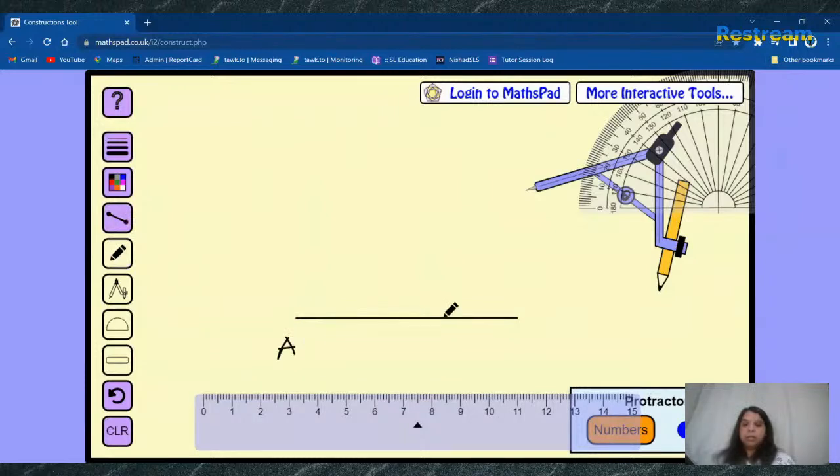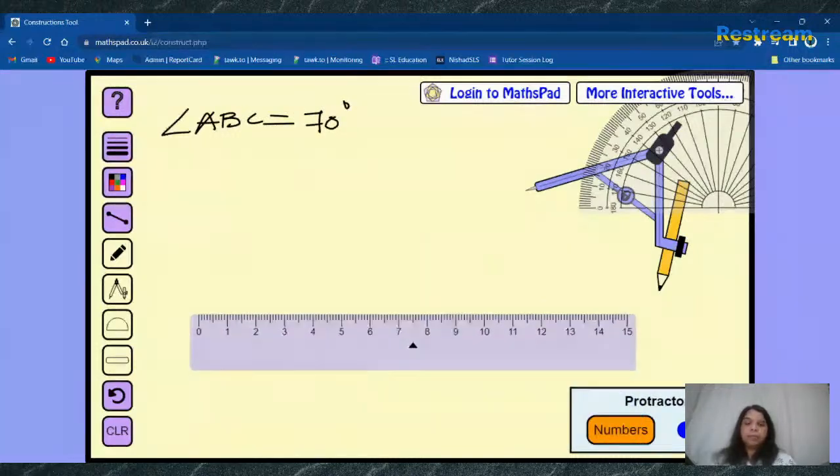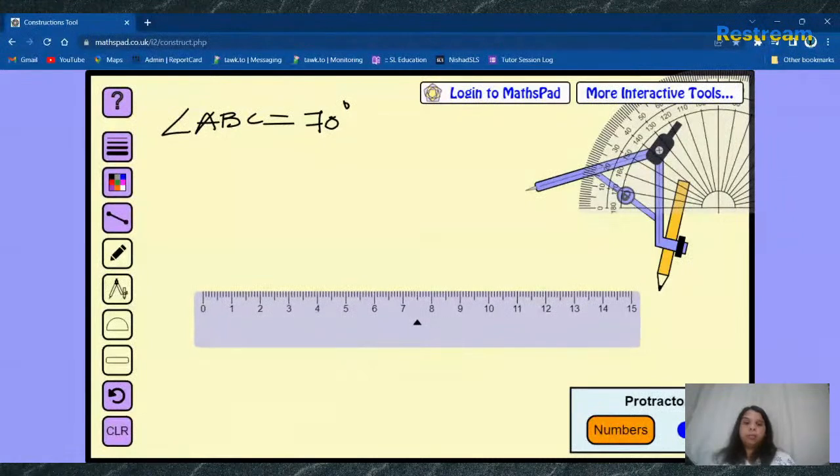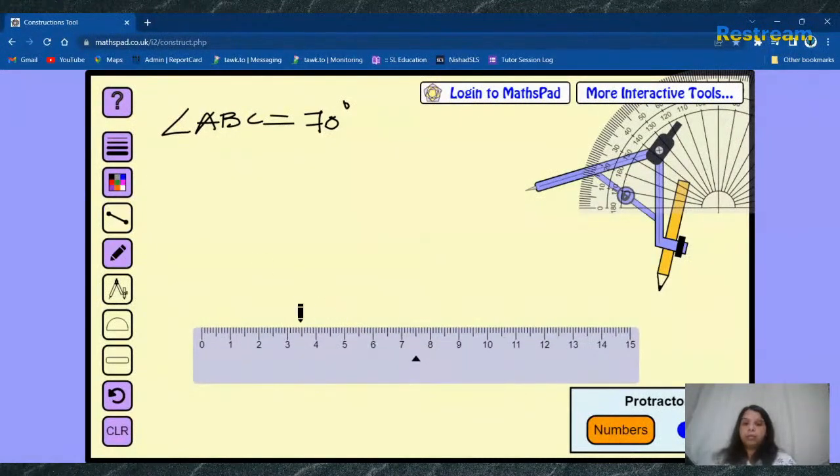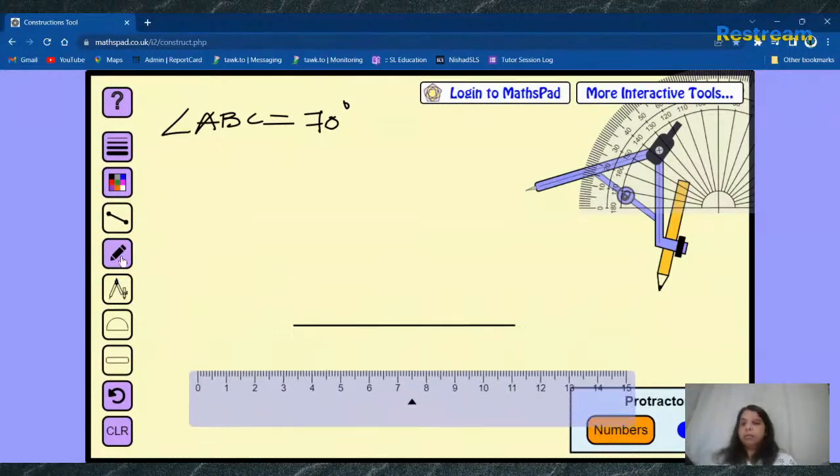Its name is ABC again. So it's angle ABC is equal to 70 degrees, and I'm going to draw the angle. So I'm going to draw this line like this, and this is again BC.